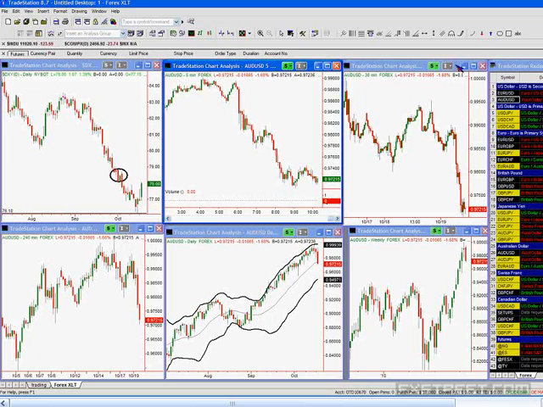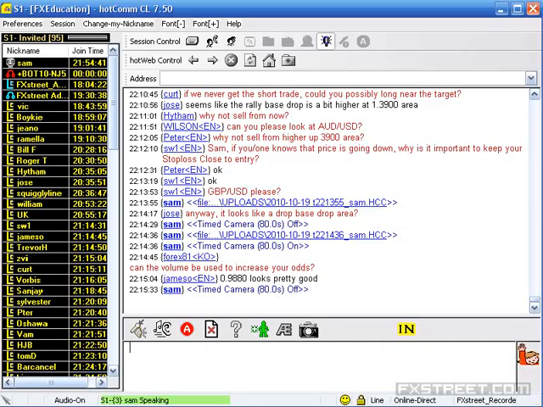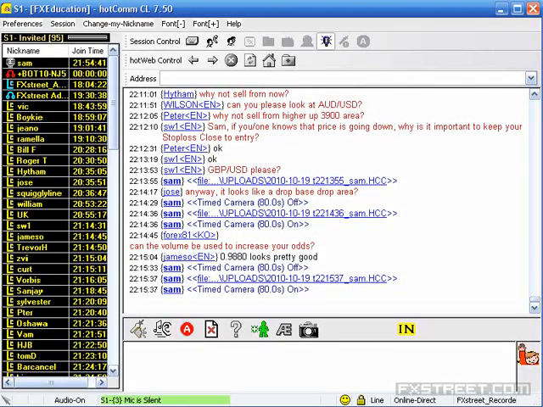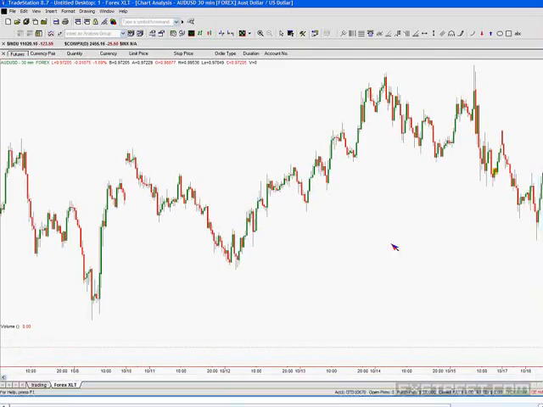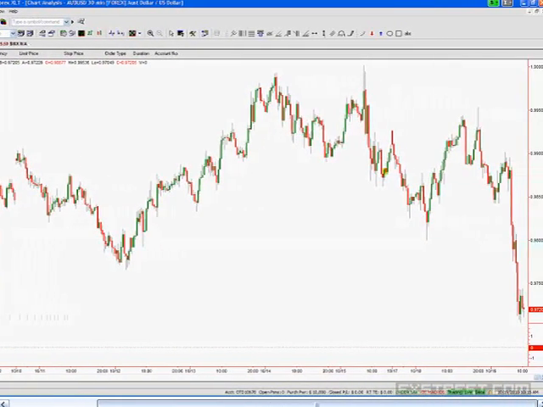And let me blow up this 30-minute chart here. Just a second, I'll set it up for you. Okay, here we go. All right, so there's the 30-minute chart. Let's just blow this up. There we go. Let me put some lines in there.